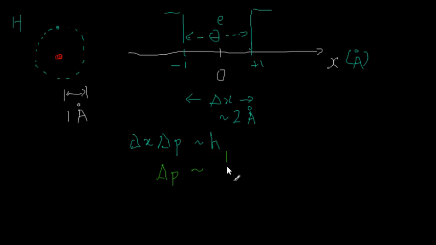So h over delta x. h is 6.63 times 10 to the power of minus 34 joule seconds, divided by delta x, 2 angstrom, that's 2 times 10 to the minus 10 meter.